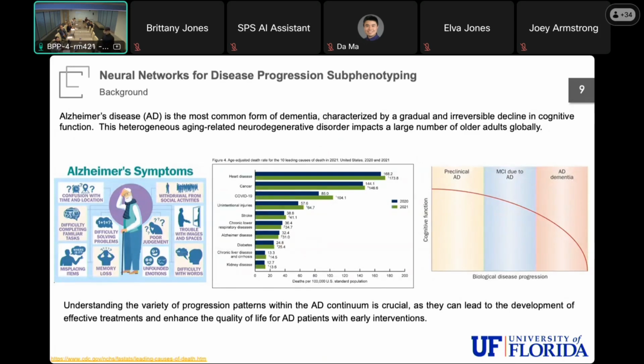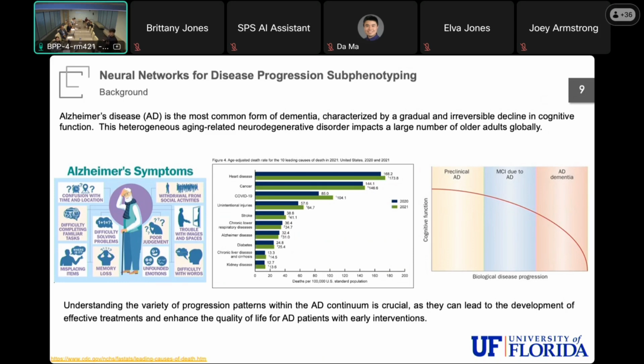The AD continuum is commonly broken down into three phases: the preclinical AD, MCI due to AD, and dementia due to AD. The duration of each phase is very different among individuals, due to different factors like sex, age, genetics, lifestyle, environmental factors, and much more. Moreover, the cognitive decline risk also varies in different patients.